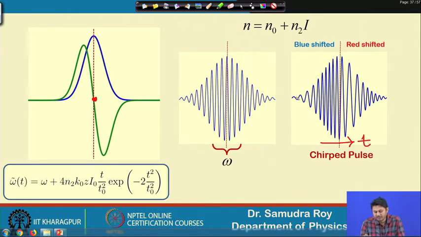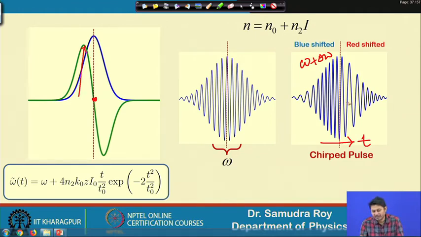So, the first part of the frequencies now will be chopped or confined more. Here the frequency is increased, so we will have omega plus delta omega, which is the addition of this quantity.